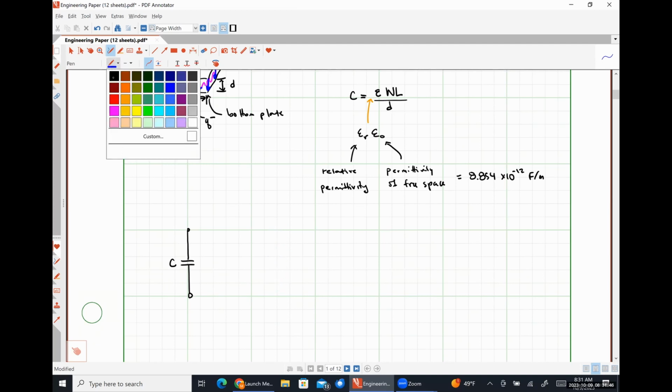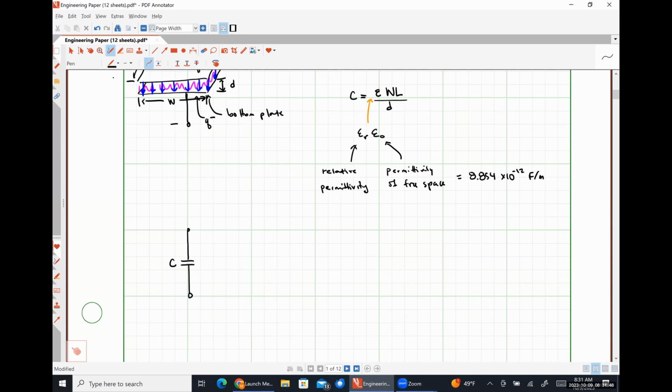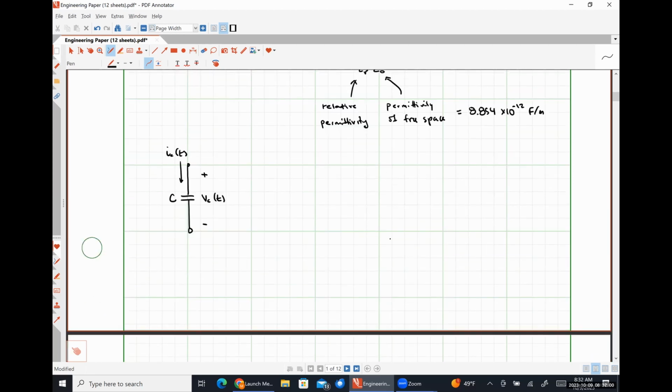So for our capacitor, there can be some voltage drop across it, VC of t, and some current flowing through it, IC of t. And this is our symbol for a generic capacitor. Then over here to the right, I'm going to draw the symbol for what's called an electrolytic or polarized capacitor.